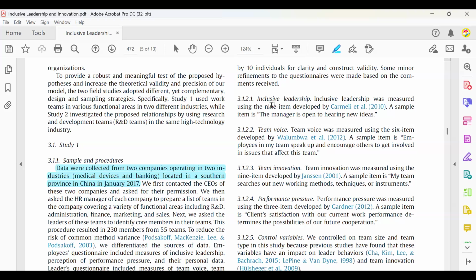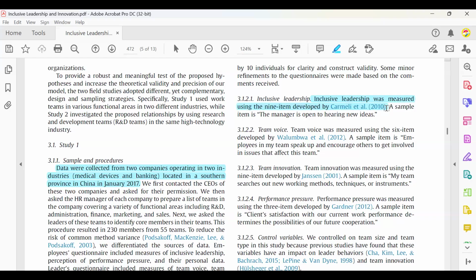Any quantitative study that is measuring a construct, you want to understand how is that construct studied? What was the construct validity and so on, you will learn about in future courses. But here you see that inclusive leadership was measured using a 9-item scale developed by Carmeli and others.